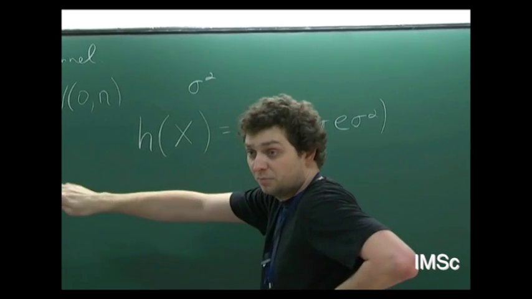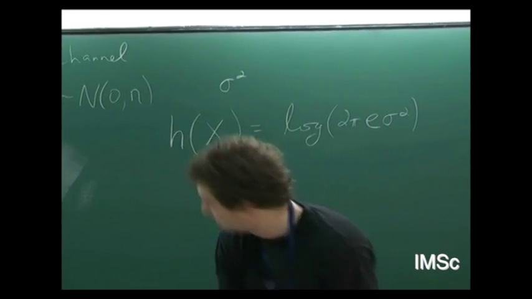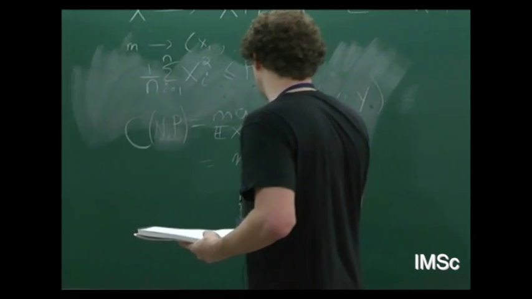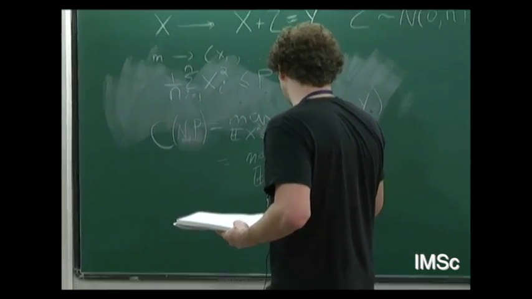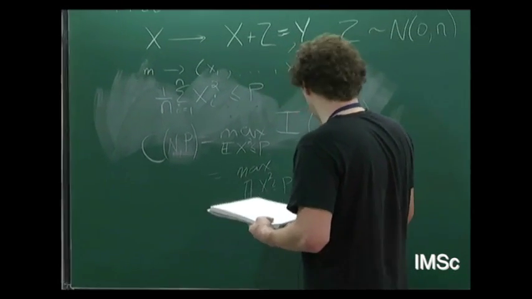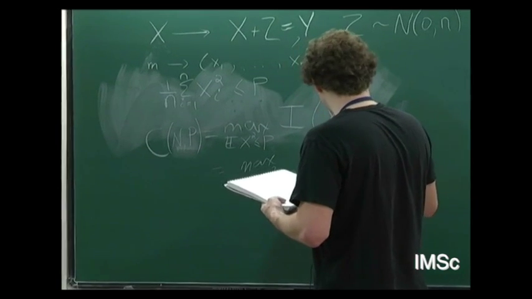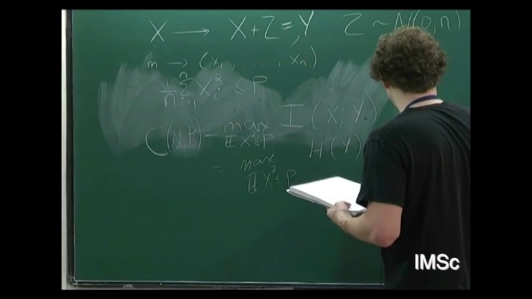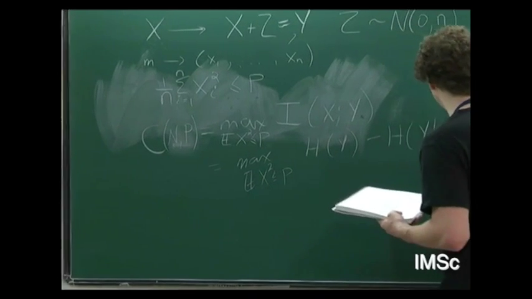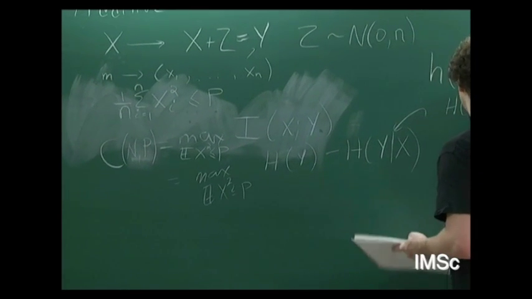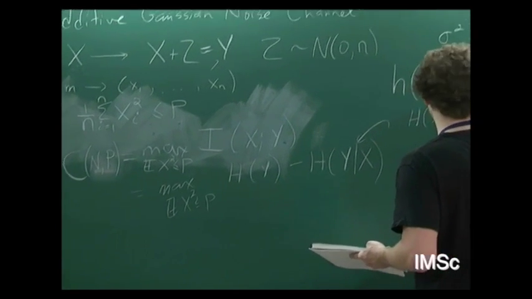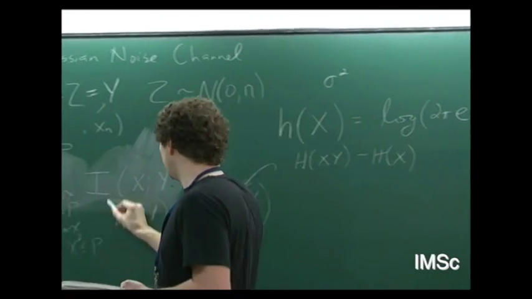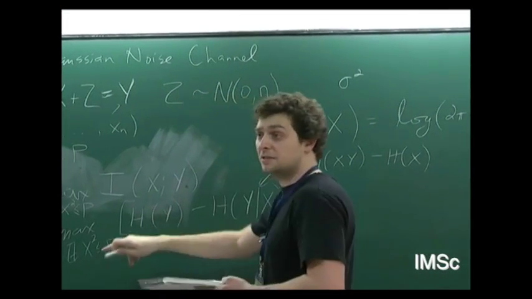Okay, so let's just compute what's going to happen here. So this mutual information, if you remember, is just going to be equal to the max over E[x squared] less than or equal to p of entropy of y minus entropy of y given x, where this thing, remember, was entropy of xy minus entropy of x. And then for this particular channel, we can compute these two things.